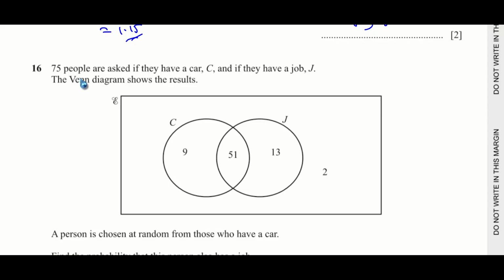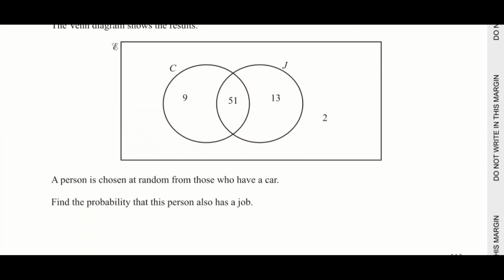75 people are asked if they have a car, that's C for car, and if they have a job, that is J. Okay, so the Venn diagram shows the results. A person is chosen at random from those who have a car, that is from this circle.